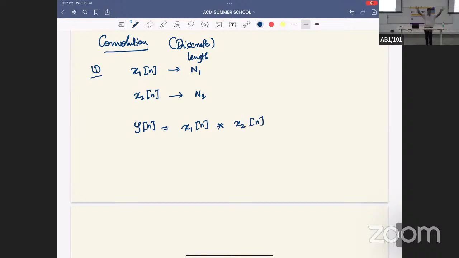Let's extrapolate it to 2D later on. It's easier to understand in 1D first. So we write it like this. This is a symbolic notation, but actually what is happening is a summation over some dummy variable k, of x1 of k times x2 of n minus k. So this is what is happening.